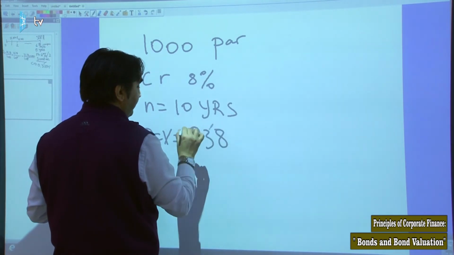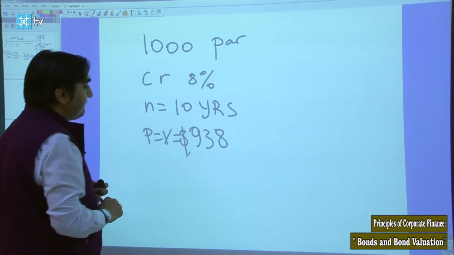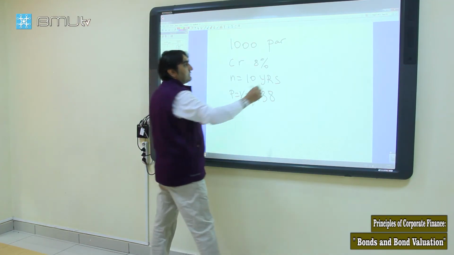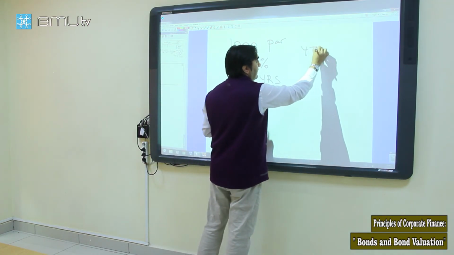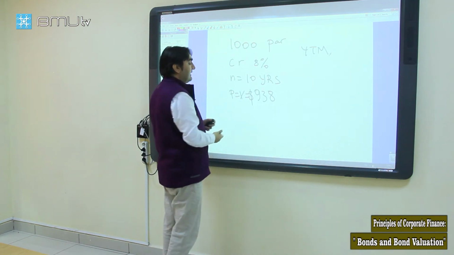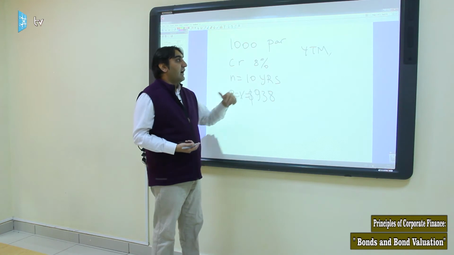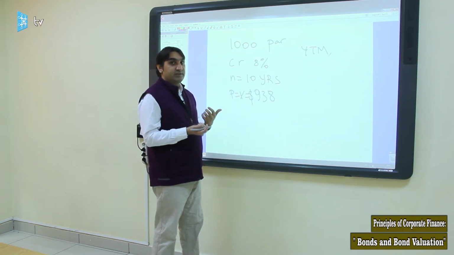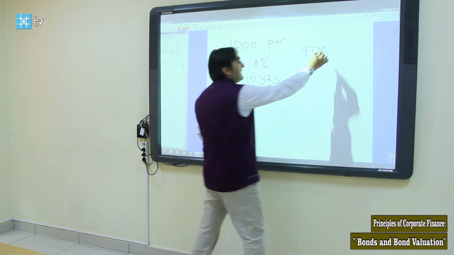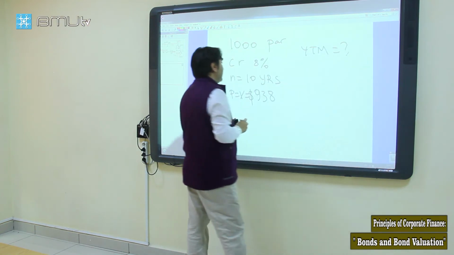That's the price. So what's the yield to maturity of this bond? If this bond sells at $938 in the market, what's the required rate on this bond? In other words, what's the yield to maturity on this bond?